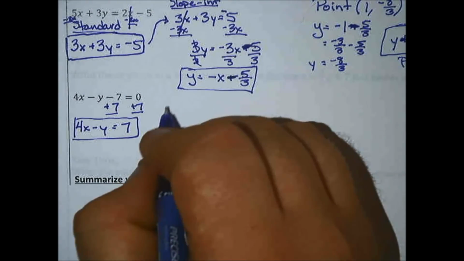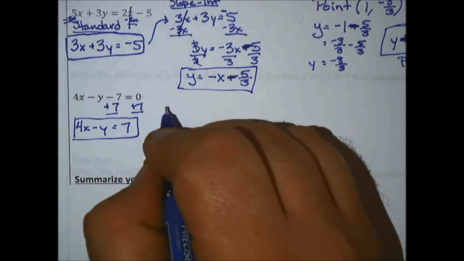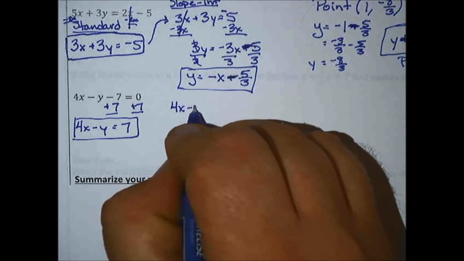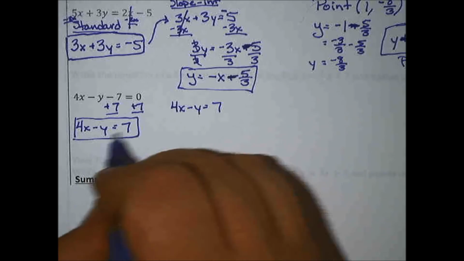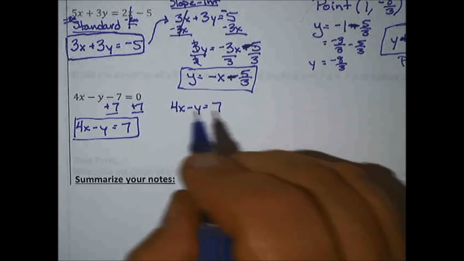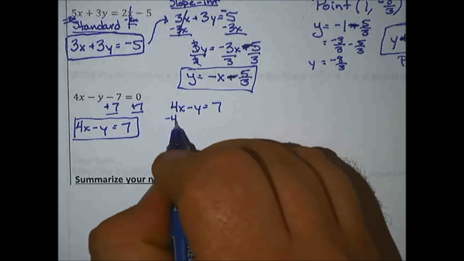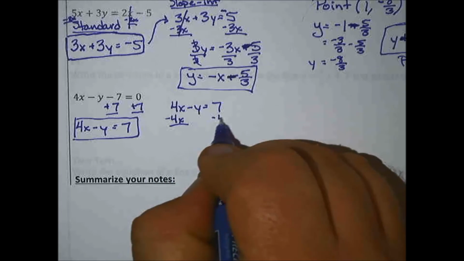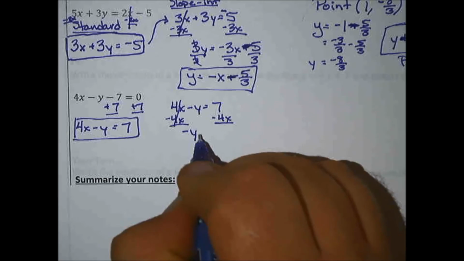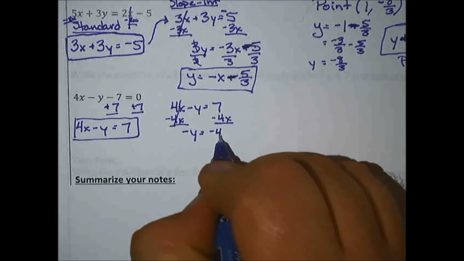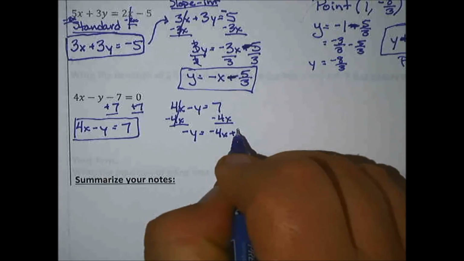Let's turn it into slope-intercept form. All I have to do is solve for y. So 4x minus y equals 7. Make sure I wrote it right. Don't make the same mistake twice. All right, we'll subtract 4x. All I'm trying to do here is solve for y. I have a -y equals -4x plus 7.